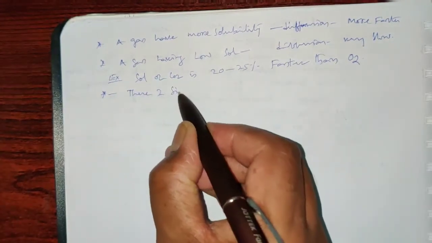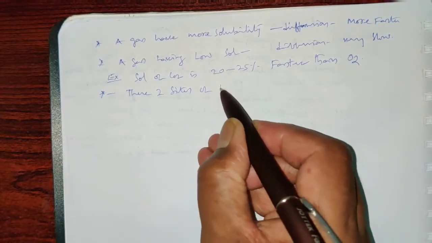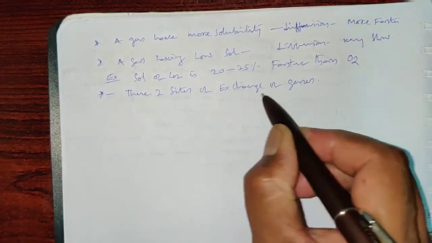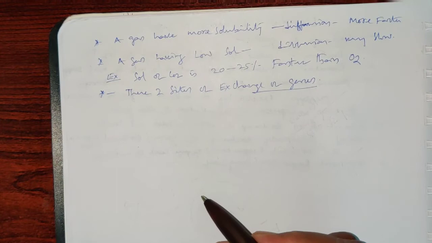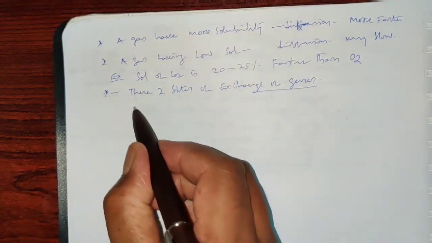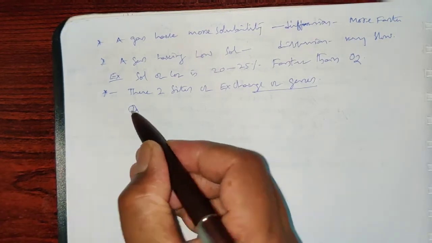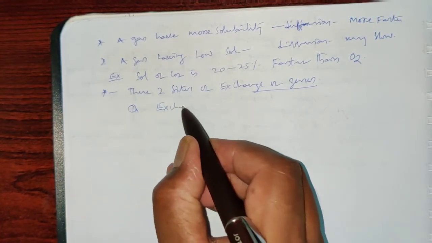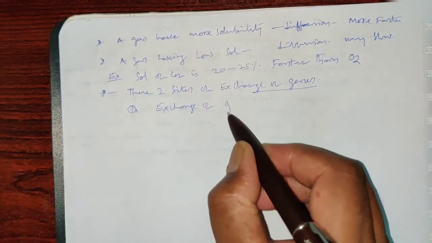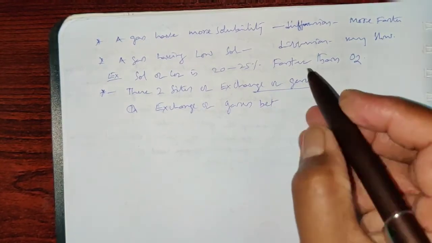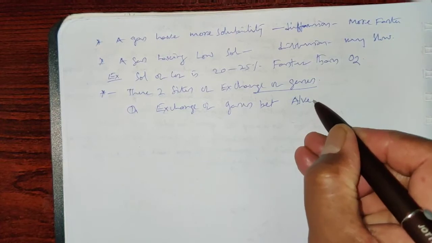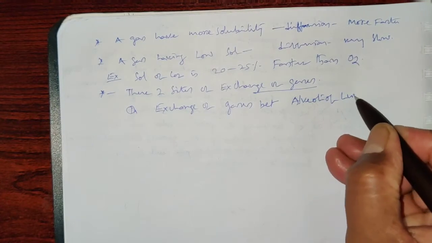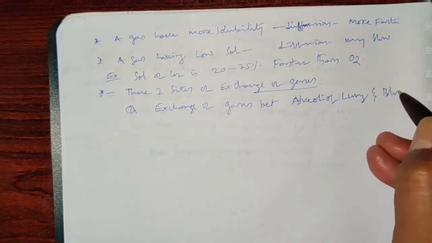There are two sides of exchange of gases. Number one is exchange of gases between the alveoli of lungs and blood.